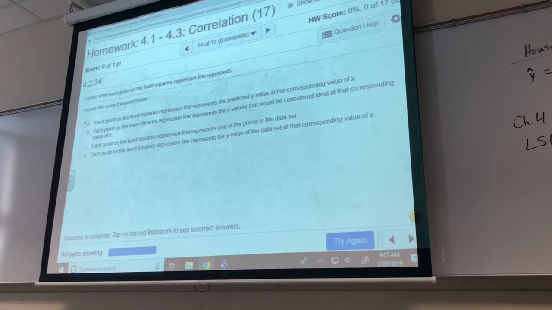So for the answer, it says the predicted y value at the corresponding value of x is not necessarily ideal, and it's not one of the points in the data set. That's going to be the points on your scatter plot.